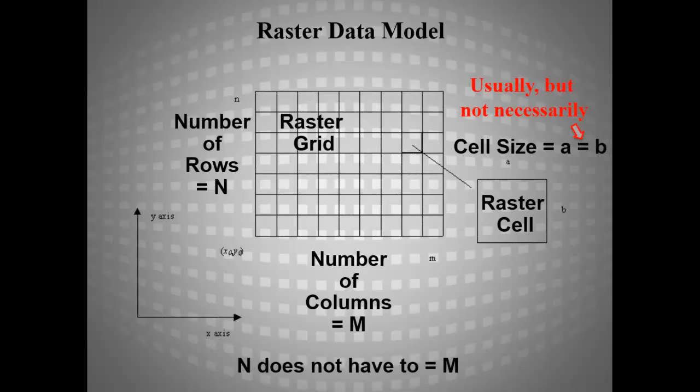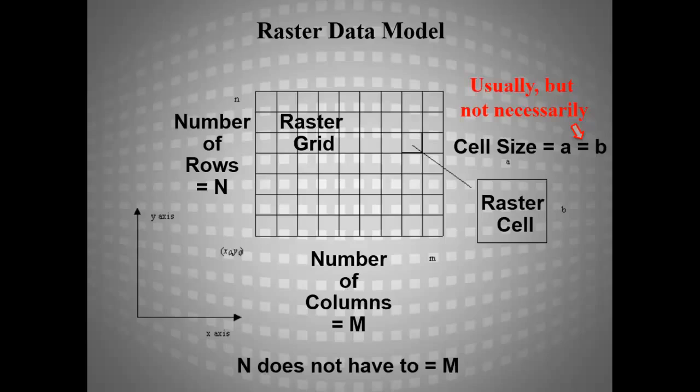Okay, so remember the raster data model is going to have a grid. Here's the grid, regularly spaced cells. In this case, the cell size A and B is equal, so these are square cells, but they don't have to be square cells. And the reason I keep saying that they don't have to be square cells, if you go back to Module 2 when we talked about georeferencing, and you remember how latitude and longitude lines work.